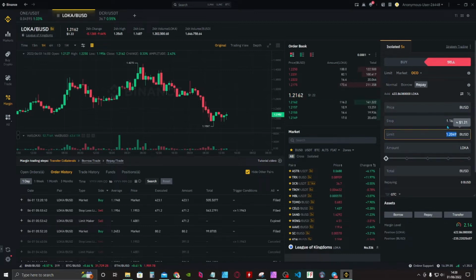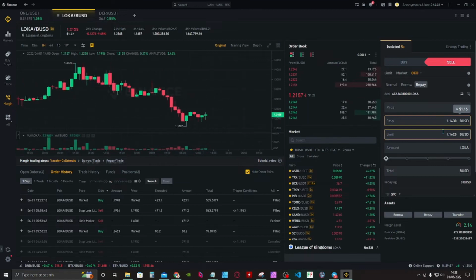Then for the limit, we're going to go one initial number down, so we can say 1.1620. I don't know why they did that, honestly, they made it a little bit confusing.